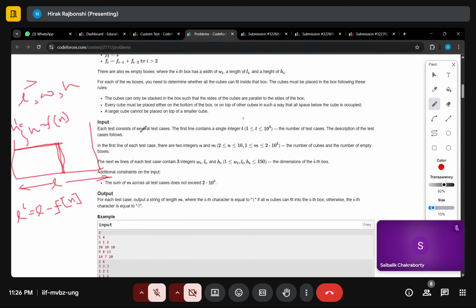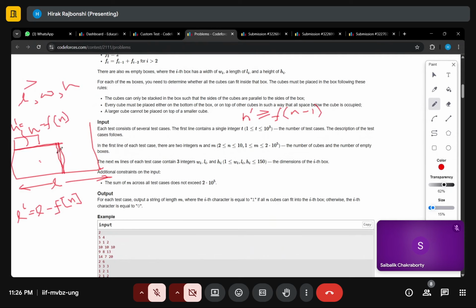If after placing the first box we cannot place the next box, then the answer will be directly no. If we can place the first box, then we have to check whether we can place the other box on top. For that, if h dash is greater than or equal to f of n minus 1, which is the size of the next box, then we can place this box here, right?